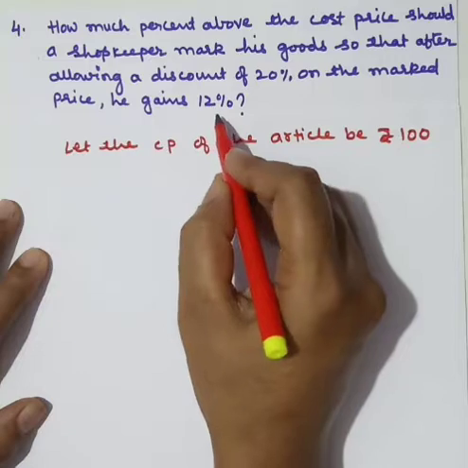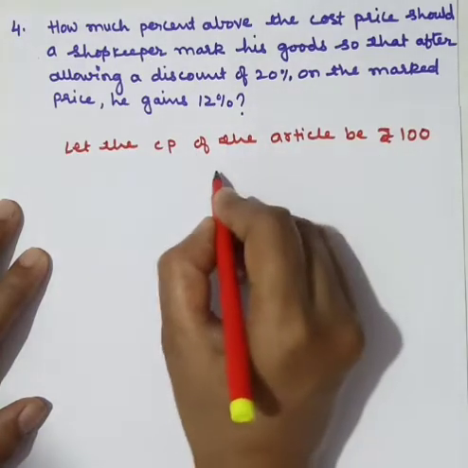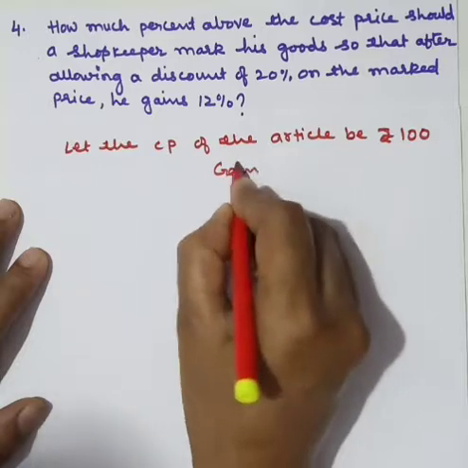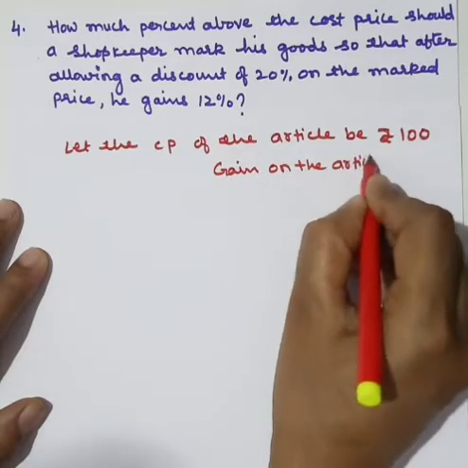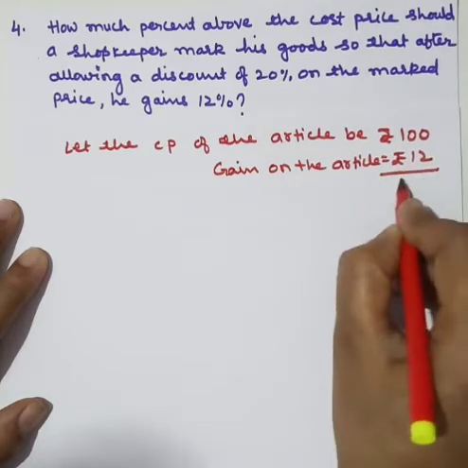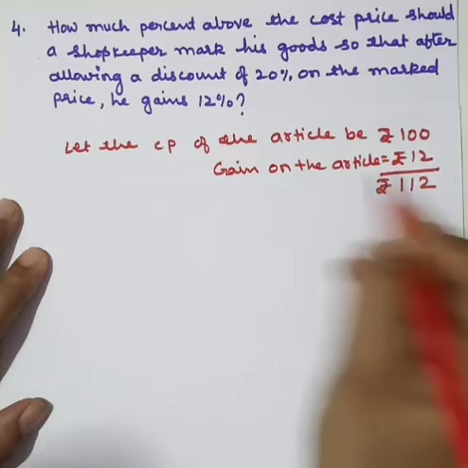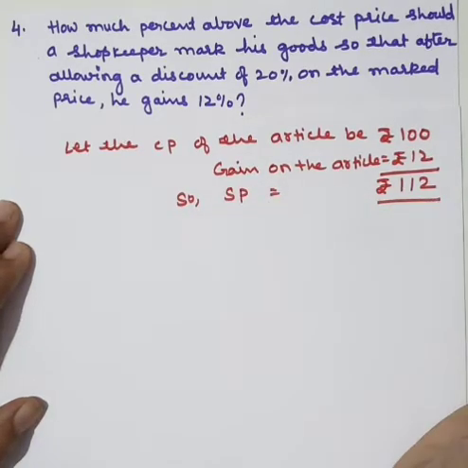Then that means on 100 rupees, he is getting 12 rupees profit. So the gain on the article is rupees 12. So naturally SP will be equal to 112.